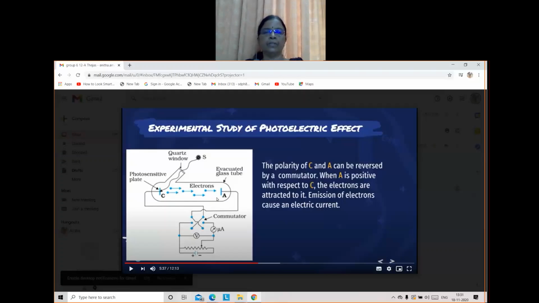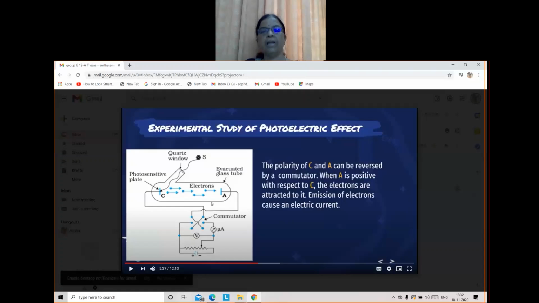So what we have done is we increased the positive potential with respect to the plate C. This is the emitter plate, this is the collector plate, collecting all the electrons. When we increase the positive potential of A, what happened? The number of electrons reaching per second increases, photoelectric current increases.